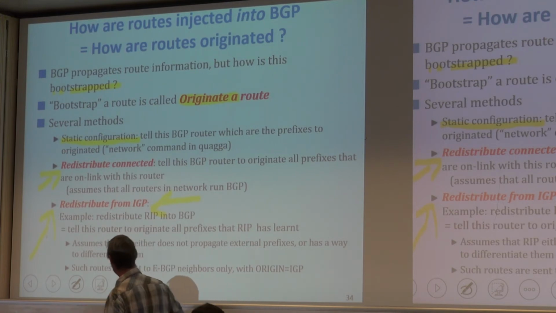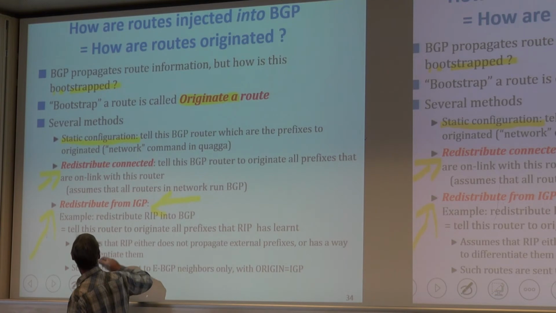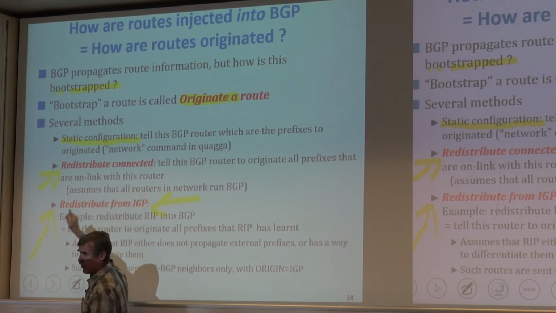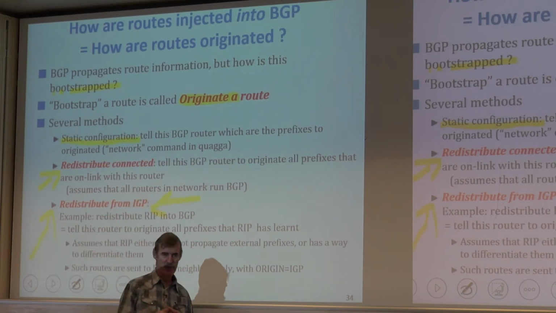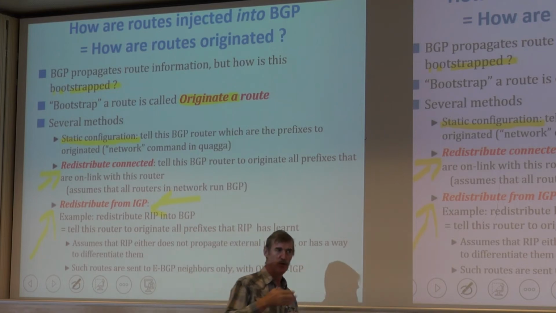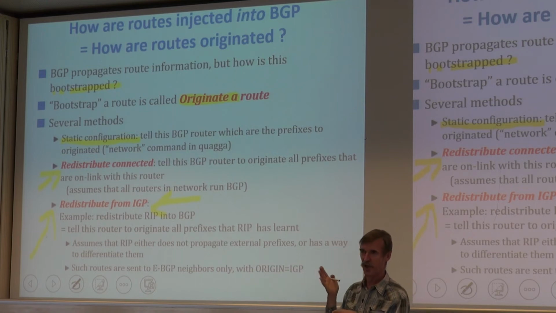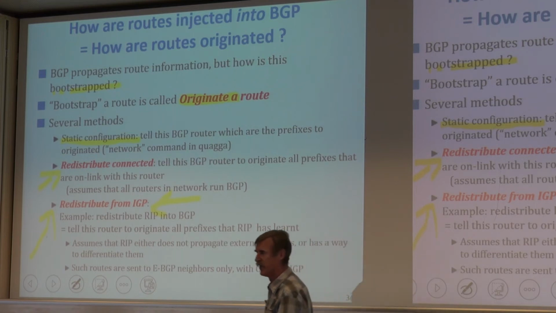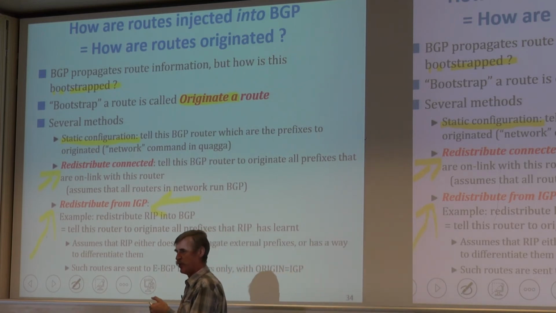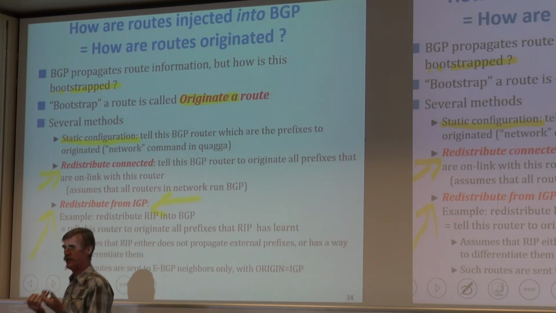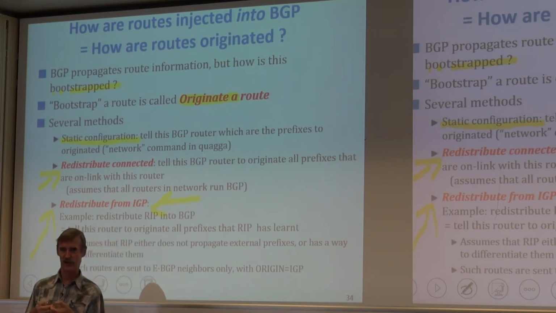The standard case for bootstrapping the routes is called redistribute connected. That means a BGP router knows all the prefixes that correspond to all of its interfaces. Those are the connected prefixes. Redistribute is a terminology that is used by Cisco and by Quagga that we use in the lab.